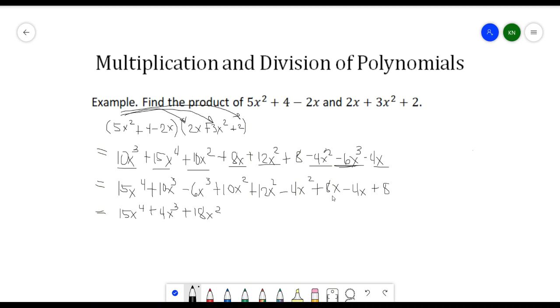And then for this one, we have 8x minus 4x, so we have positive 4x plus our constant, which is 8. So basically, this is already our final answer since we cannot eliminate any more terms from here, or we cannot simplify this anymore. So this is already the answer for our problem above.